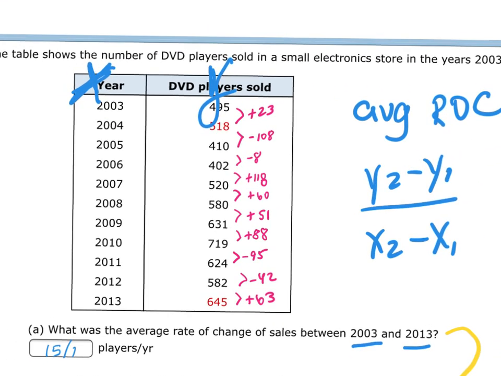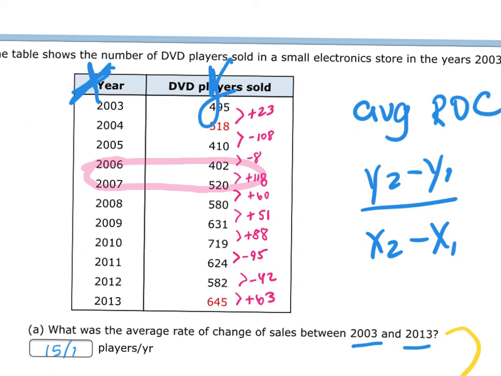So when they ask you between what two successive years was the increase the highest, where is the positive number the biggest? What's the biggest value you see? 118. So right here, between 2006 and 2007 was when your increase was the highest.